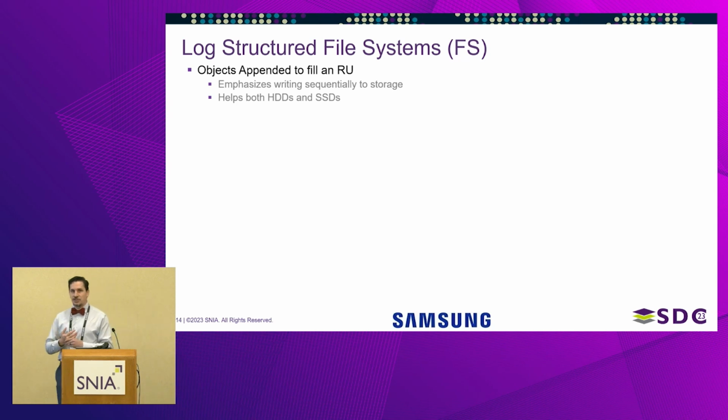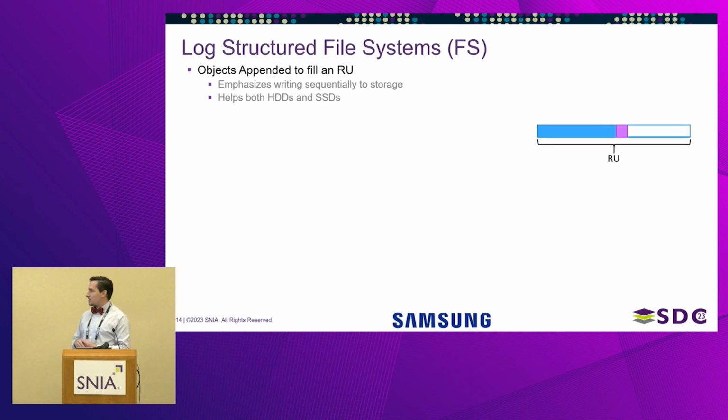Something that I think is the most common deployment that I'm expecting for FDP is going to be integrated into a log structured file system. So RocksDB was the discussion example from the last presentation. This is a little bit more generic, not focused on any specific application.